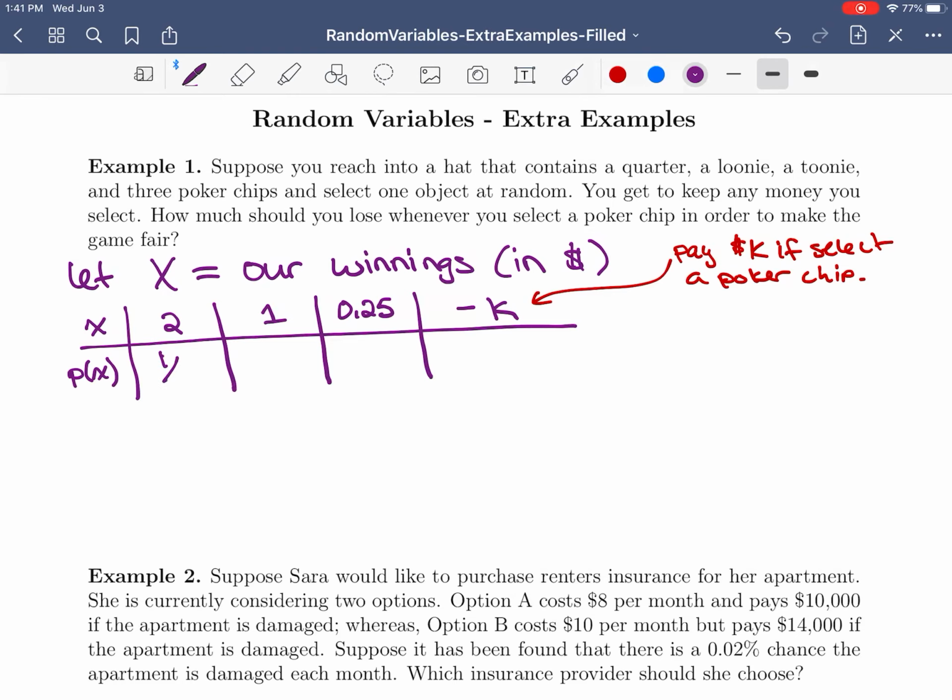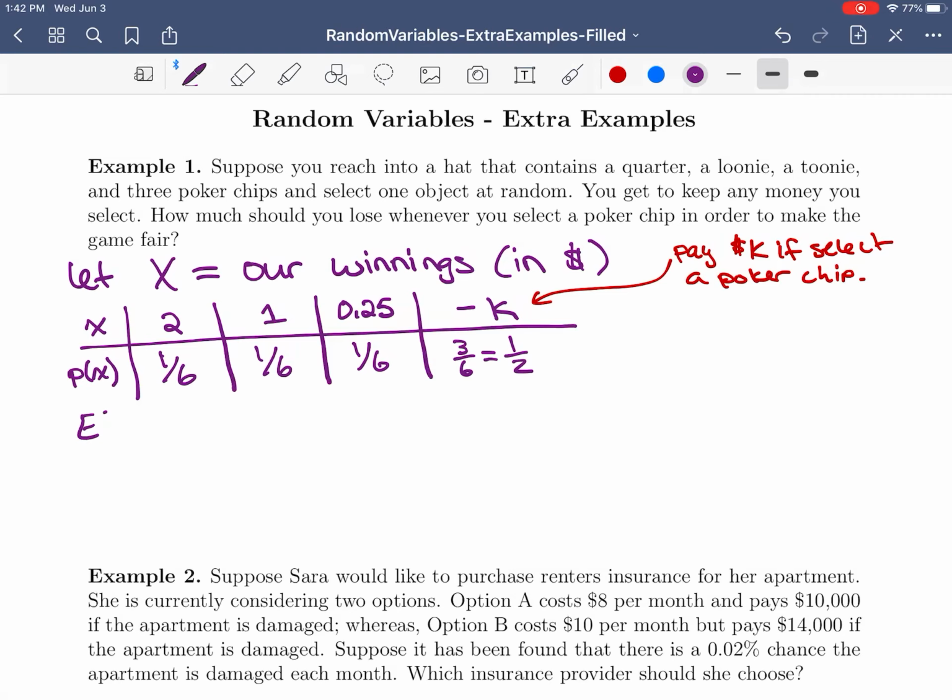There's only 1 toonie, so 1 out of 6. 1 loonie, so the probability is 1 out of 6. 1 quarter, so the probability is 1 out of 6. And for the poker chips, 3 of them out of 6 are poker chips, so we have probability 1/2 of selecting a poker chip.